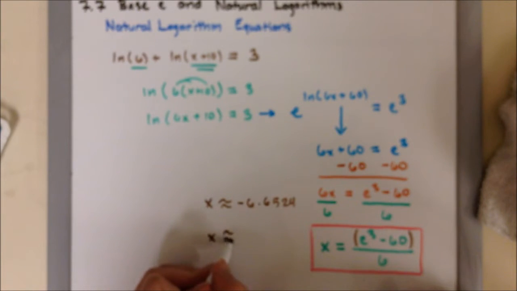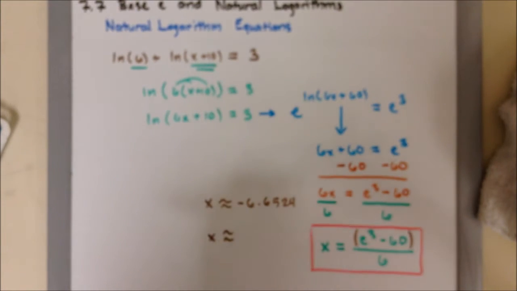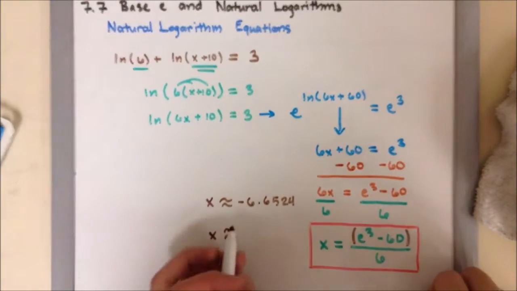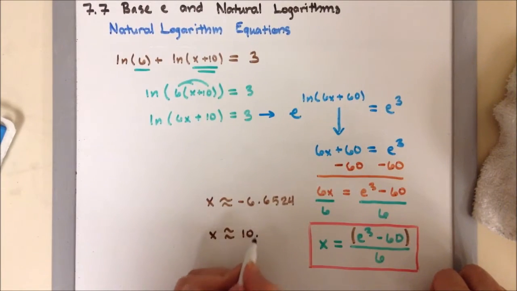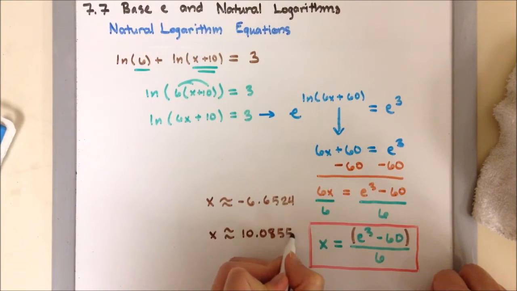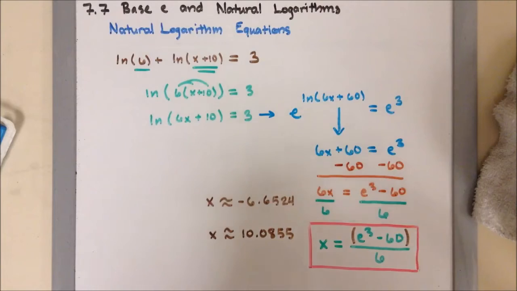So x would be approximately 10.0855. So here are the two answers. The first one is with the parentheses on the numerator, and the second one is without the parentheses.